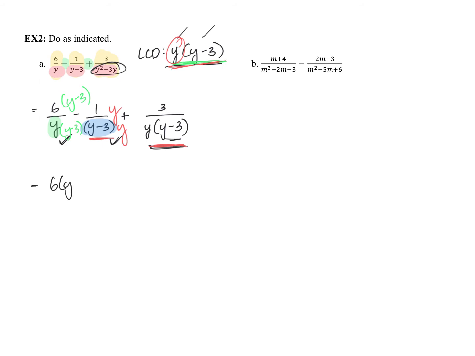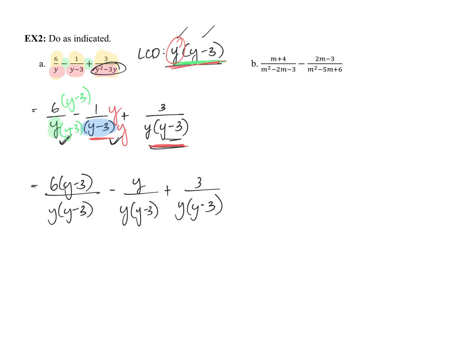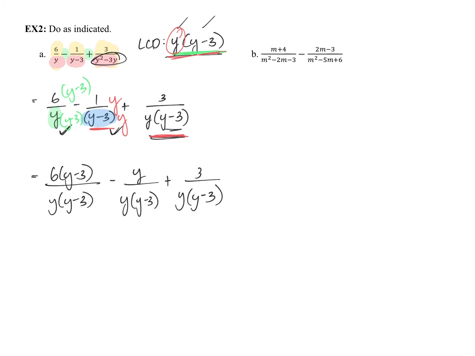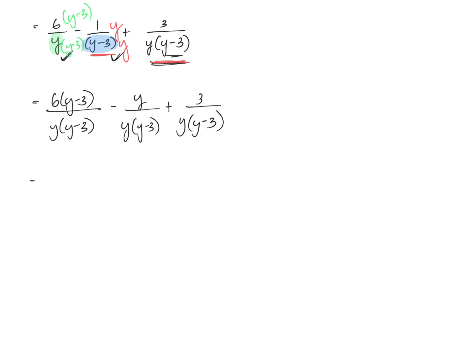Let's see, so now we have 6 times y minus 3 all over y times y minus 3, minus y over y times y minus 3, and plus 3 over y times y minus 3. Do they all have the same denominator? Yes, they do. So now we can go ahead and combine them. And while I'm at it, I'll go ahead and distribute that 6.